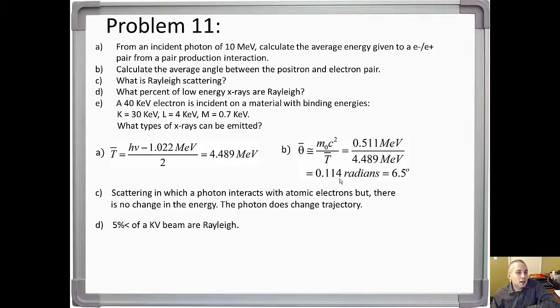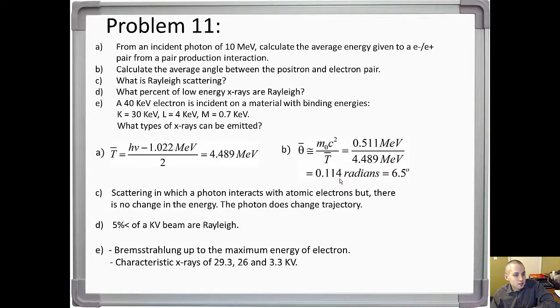A 40 keV electron is incident on a material with binding energies in the K shell 30 keV, L 4 keV, and M 0.7 keV. What types of X-rays can be emitted from this interaction? The answer is Bremsstrahlung. You get Bremsstrahlung radiation up to the maximum energy of the electron, so 40 keV.